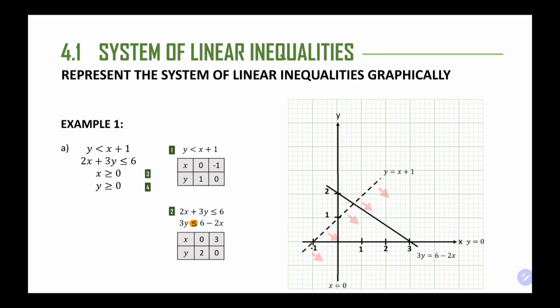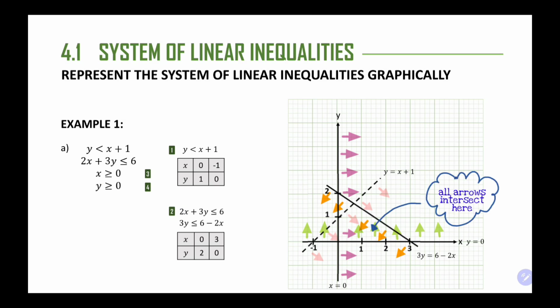Okay, less than, so below the line. For x greater than or equals to 0, so the area on the right of y axis. And for y greater than or equals to 0 means area above the line x axis. Then we can conclude the feasible region is here.